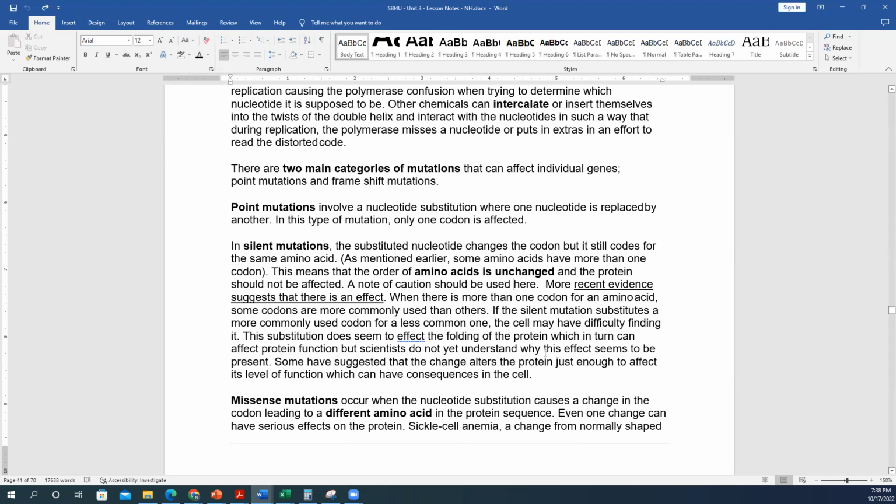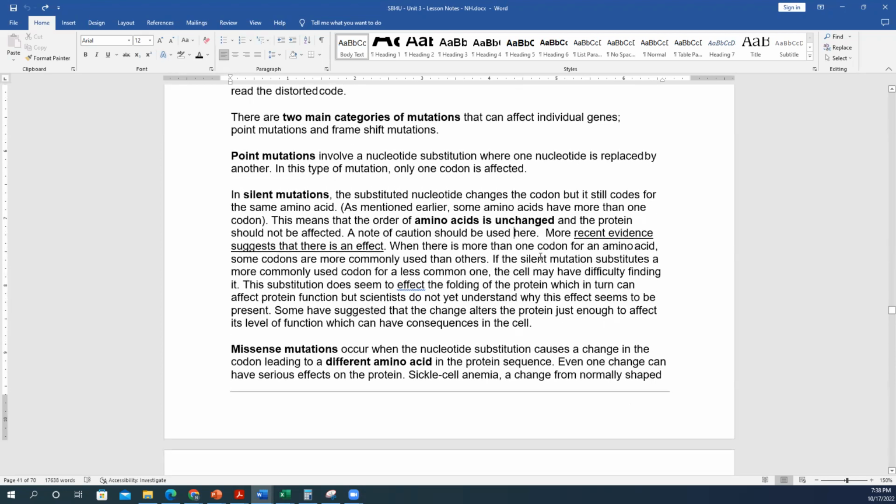And really, this is beyond the scope of this course, but just to let you know, there's been some evidence indicating that there can still be an effect, even though it might only be a silent mutation. It may not be so silent.